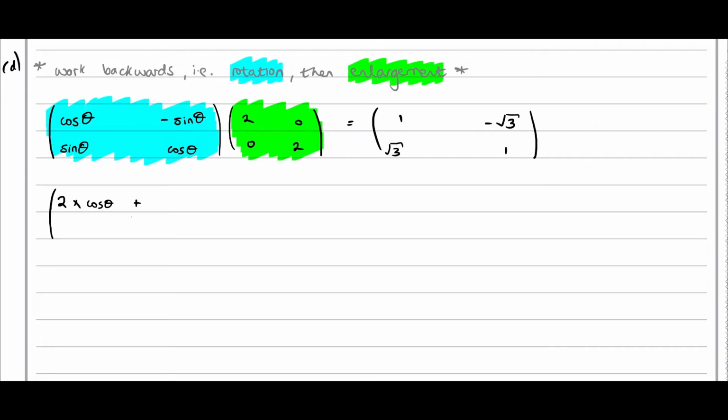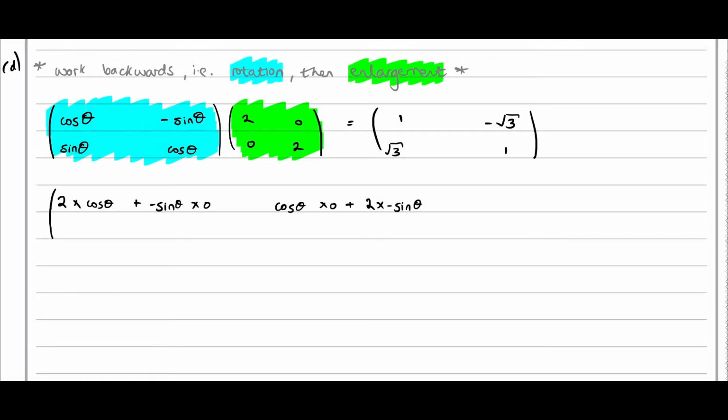So we have minus sine theta times by 0. That's our first element. For our next element, we have cos theta times by 0 plus minus sine theta times by 2. So we have 2 times by minus sine theta.